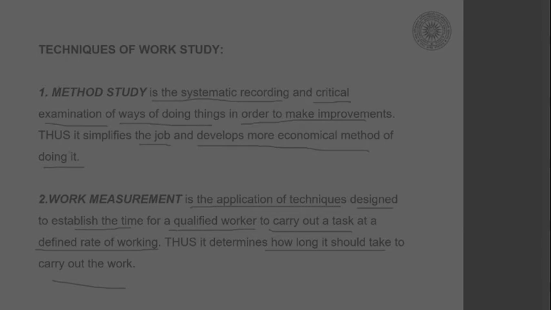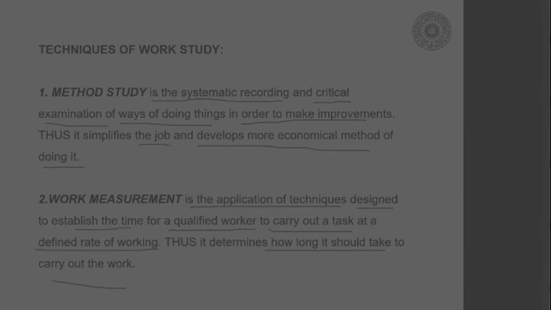Method study systematically records and critically examines the ways of doing work in order to improve the work method, simplify the job, and develop a more economical method of doing it. Each and every word in this definition is important and inclusive.